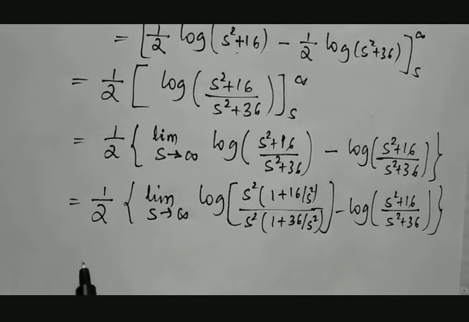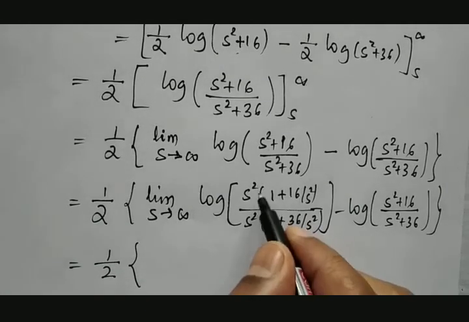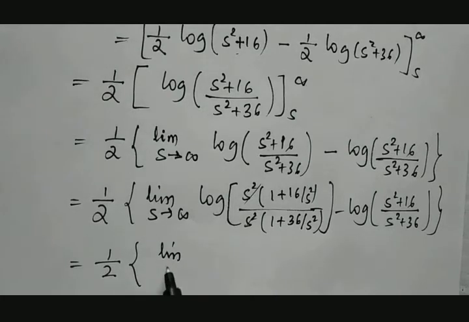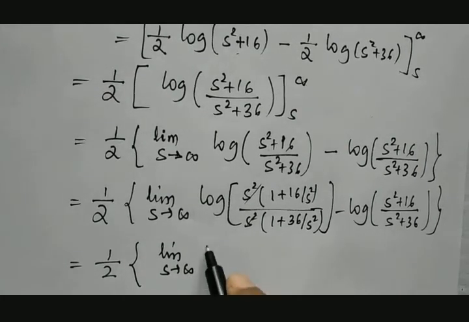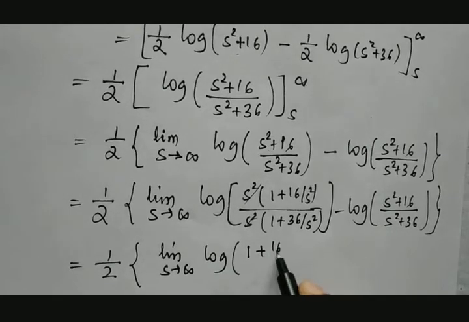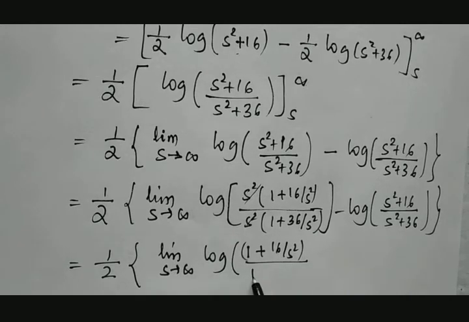Therefore, which is equal to 1 by 2 into, here s square gets cancelled. Therefore, the limit as s tends to infinity of logarithm of 1 plus 16 by s square divided by 1 plus 36 by s square.